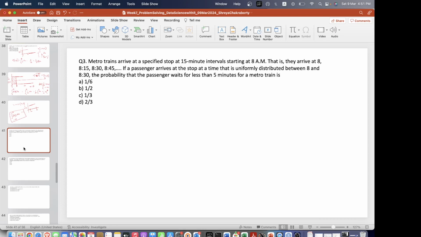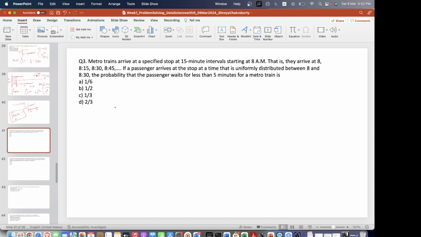So we were here. Metro trains arrive at a specified stop at 15 minute intervals, and this happens. So how should we frame this question? If a passenger arrives at the stop at a time that is uniformly distributed between 8 and 8:30, the probability that a passenger waits for less than 5 minutes for a metro train is how much?